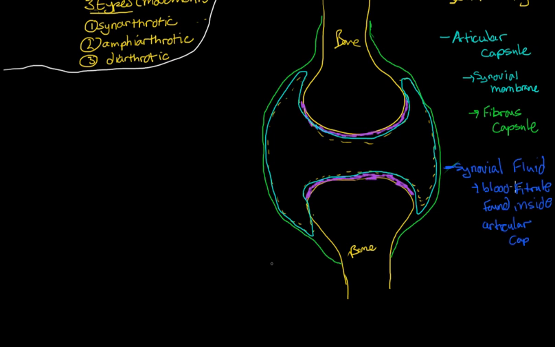And the synovial membrane is responsible for creating and secreting this. And like I said, it's mostly a blood filtrate, and it also has special glycoproteins that give it its slippery properties, so that it can help the joints move freely.